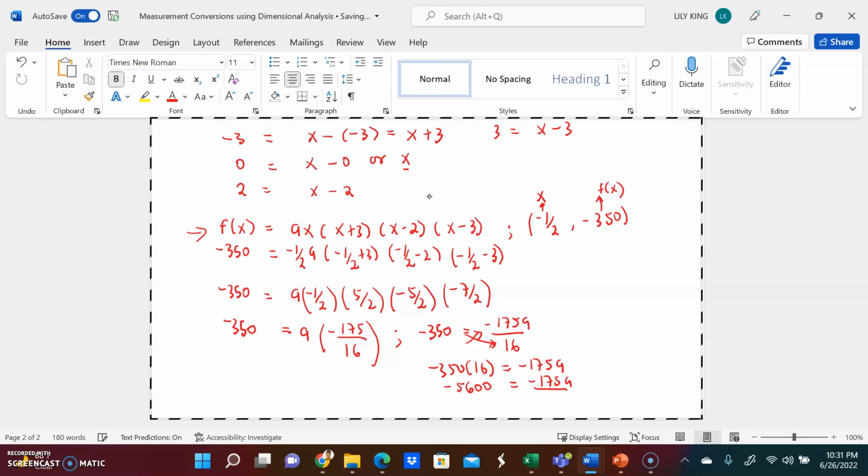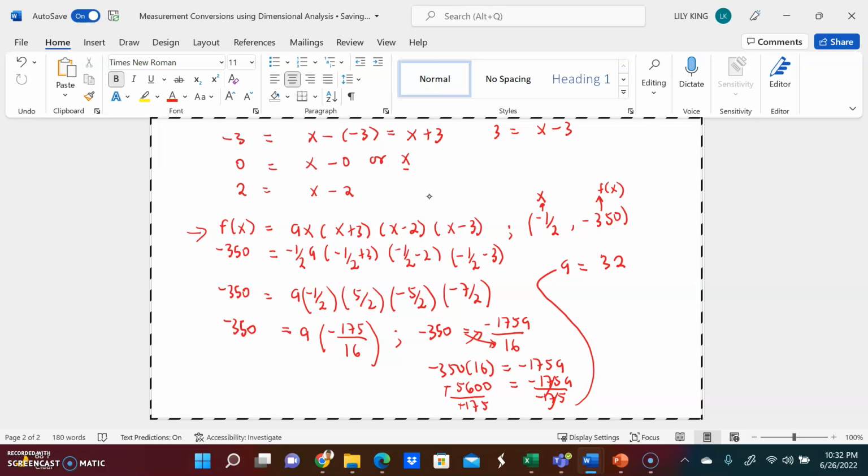To isolate a, we divide both sides of the equation by negative 175. The negatives cancel out, so we have a positive value in the end. So a is 5600 divided by 175, which gives you 32. So your a here is 32.